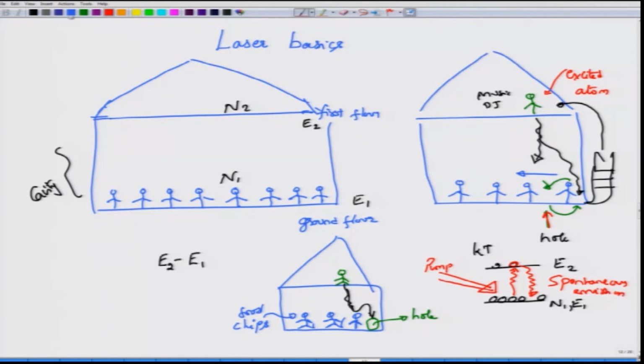There is also another way in which these excited electrons can fall down, when a photon arrives with an energy just sufficient for the excited electron to drop down. It is like going there and saying, hey my friend, why do you not drop down.